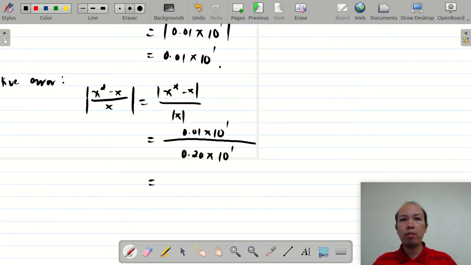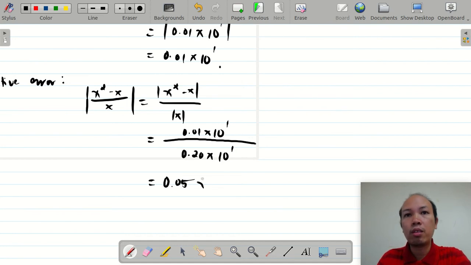You divide 0.01 by 0.2, and 0.01 divided by 0.2 is 0.05. You can cancel out the 10 to the 1. The answer is 0.05.